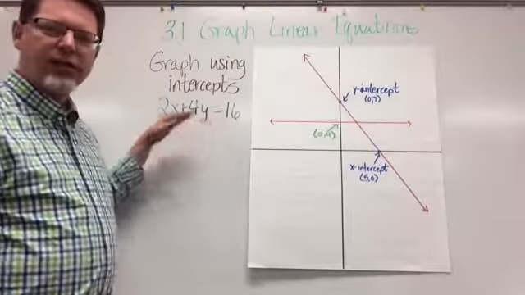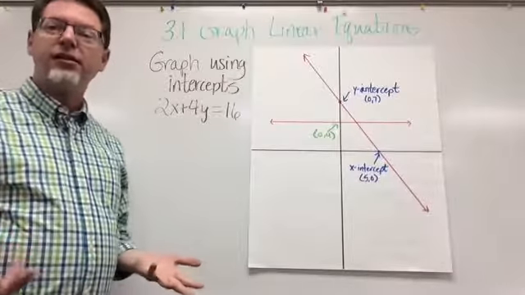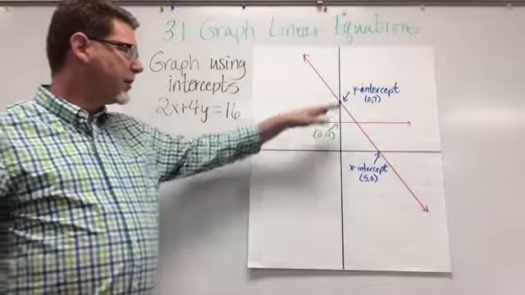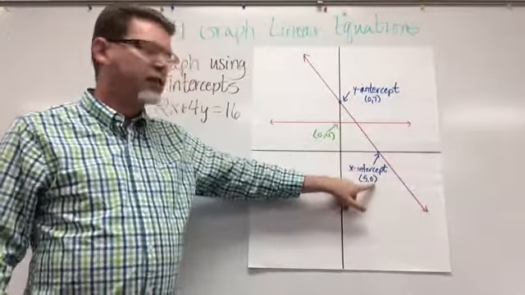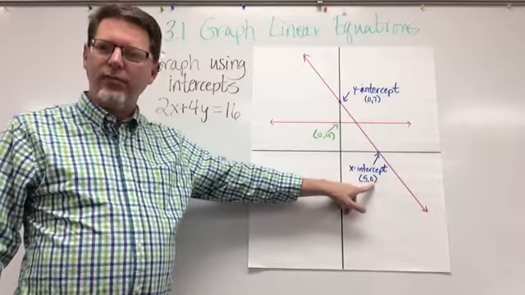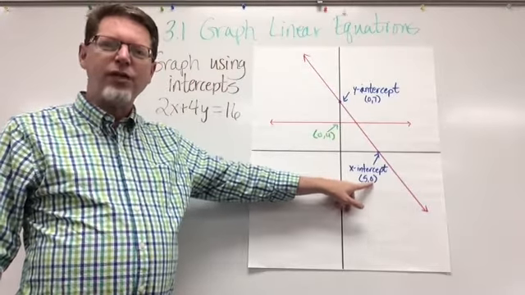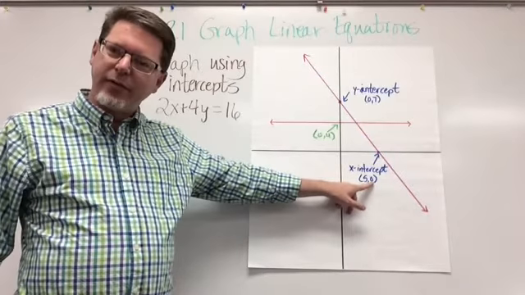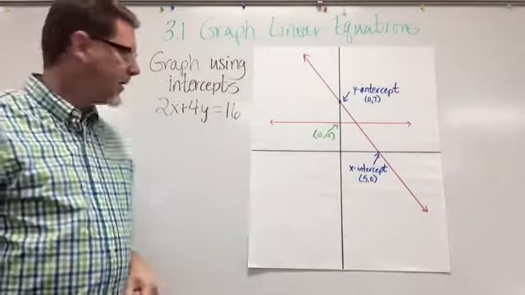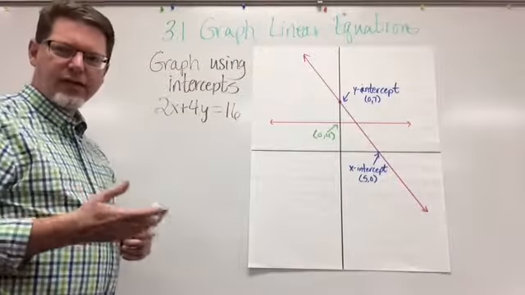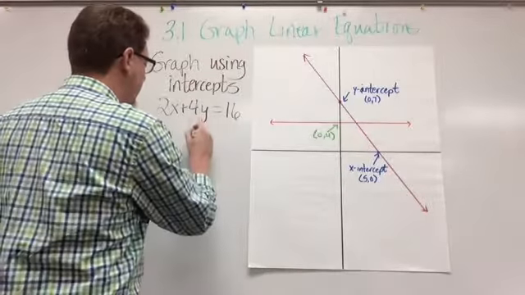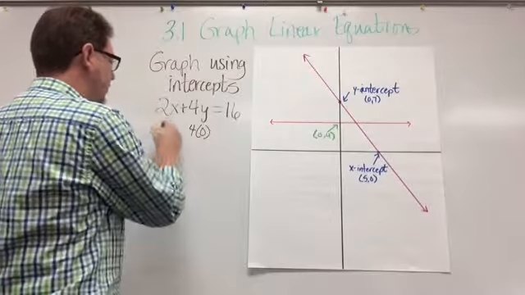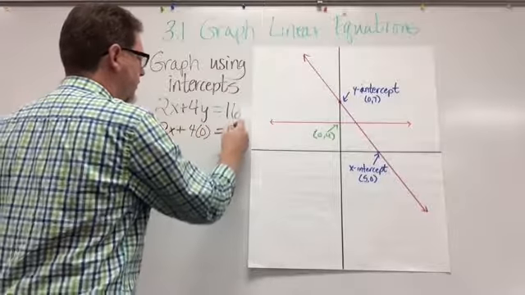But when we talk about using the x and y-intercept, let's talk about the x-intercept first. Okay? Remember when we talk about an x-intercept where it crosses the x-axis, the y value is 0. So when I'm trying to find the x-intercept, then I'm going to plug in 0 for y. Now, one of the ways I could do that is I could make this 4 times 0, 2x plus 4 times 0 equals 16.